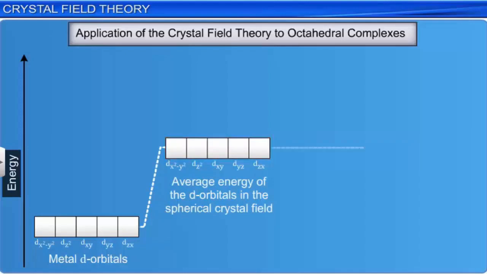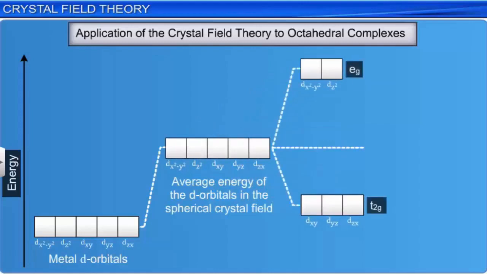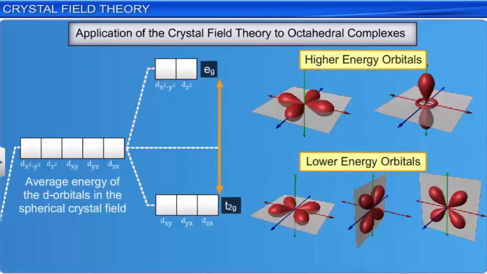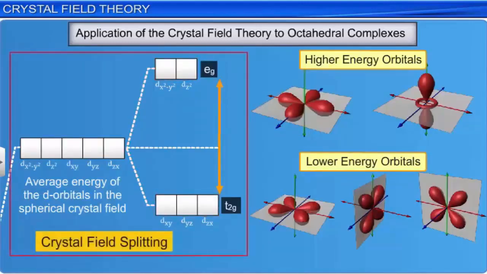Now the d orbitals lying along the axis and the d orbitals lying in between the axes are split into two sets of orbitals. This process is called what? Crystal field splitting.